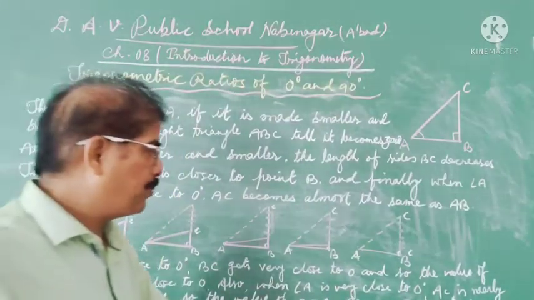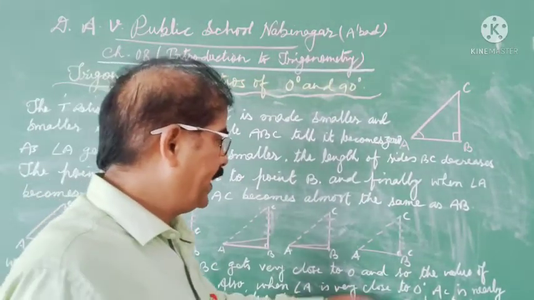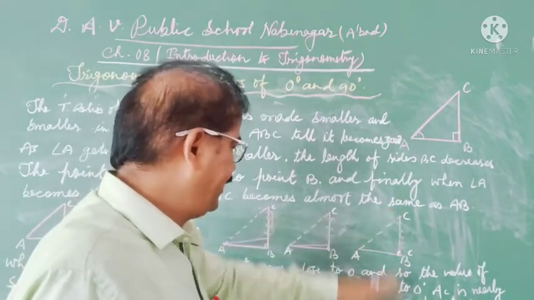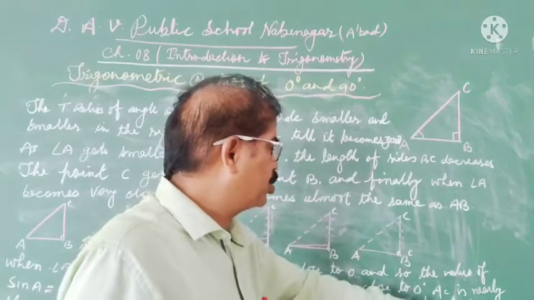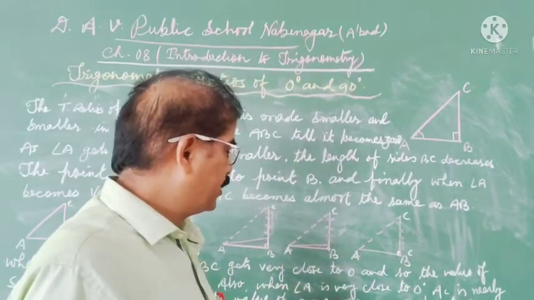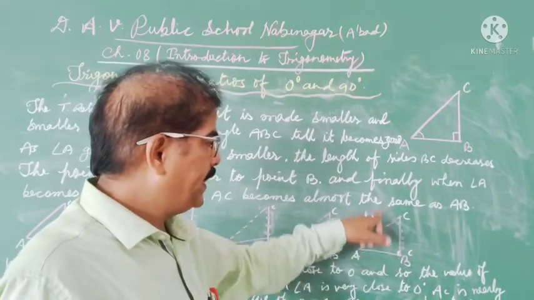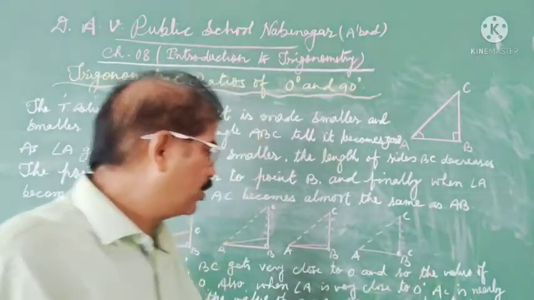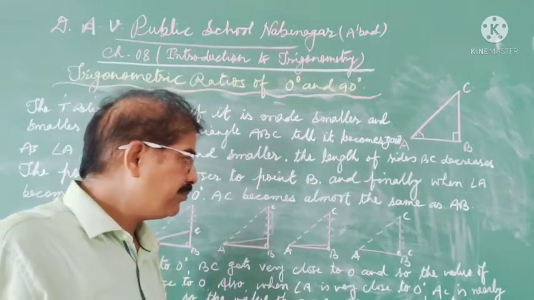And so the value of cos A, equal to AB by AC, is very close to 1, because AB and AC are the same, so AB by AC is equal to 1.